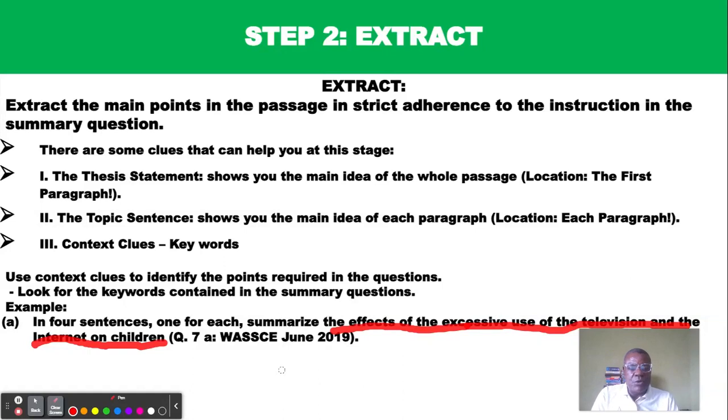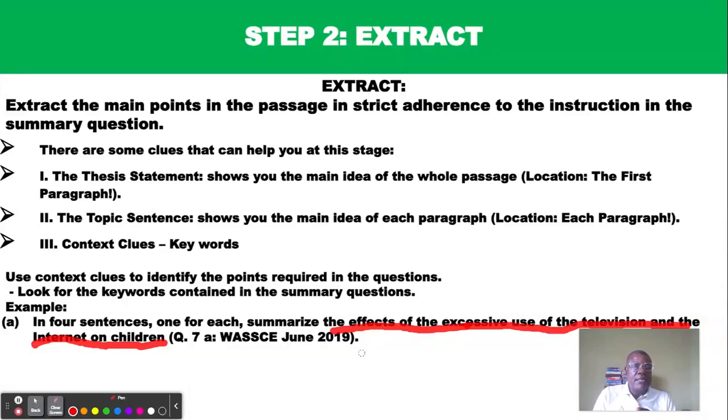So these are the context clues, and in the passage where the writer begins to discuss the effects of the excessive use of television and the internet on children, don't forget other words could be used in place of effects. It could be the consequences, it could be the impact, the negative impact, if you like, and so on.